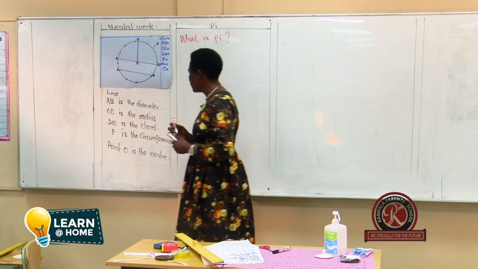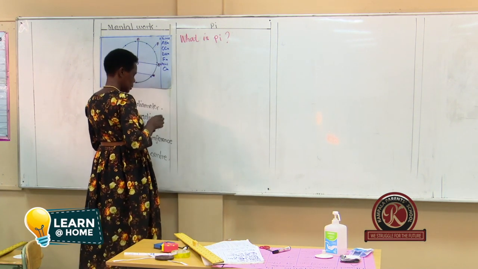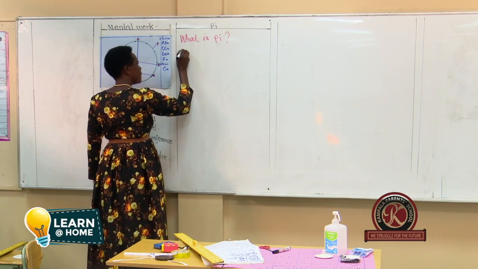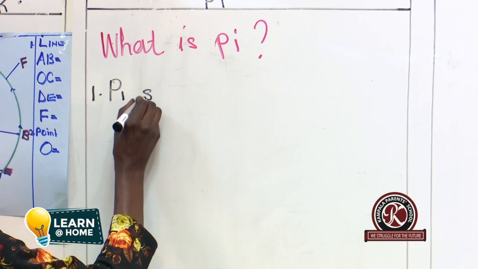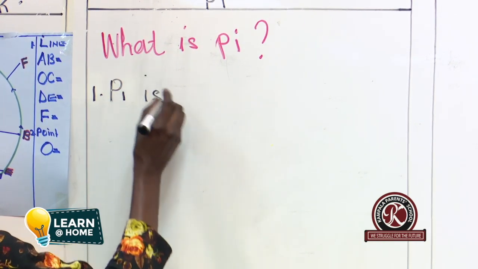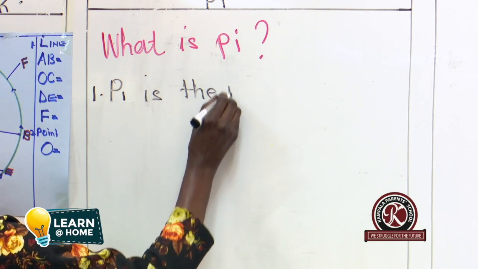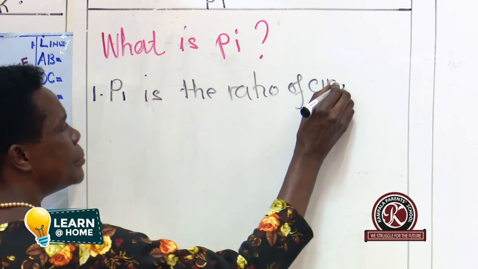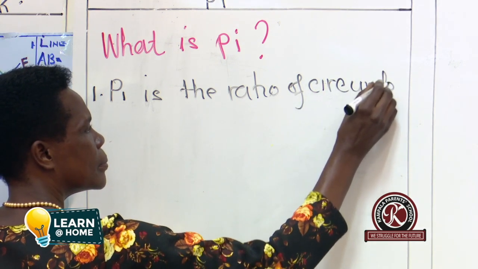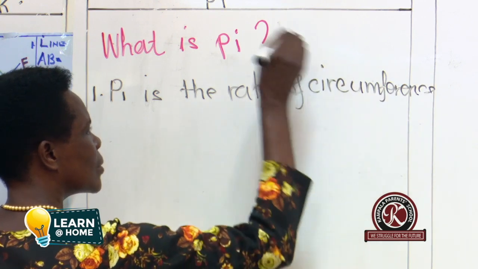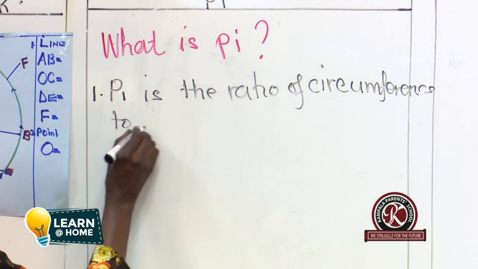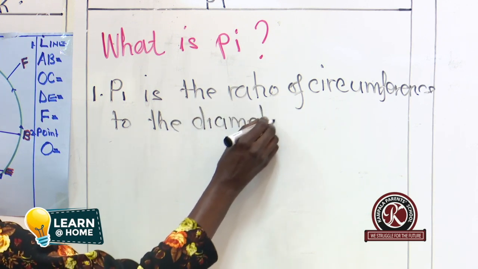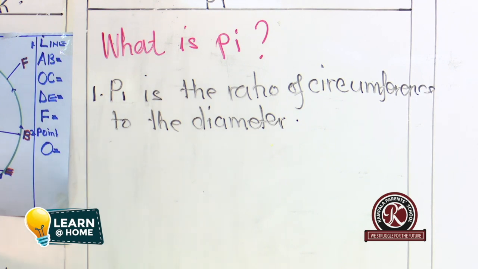I want to write that down. One, pi is the ratio of circumference to the diameter. That is one.